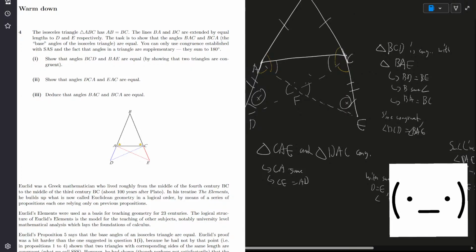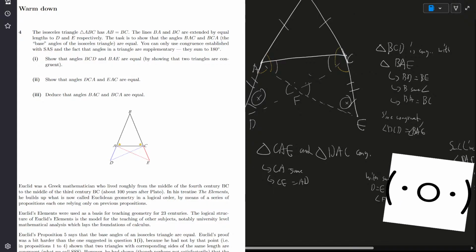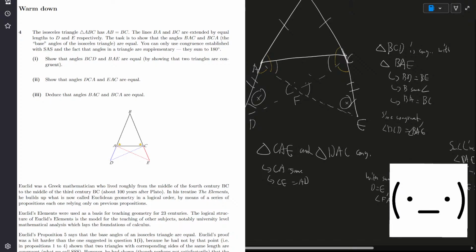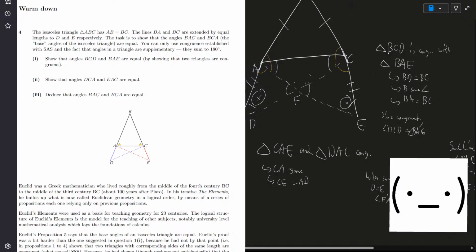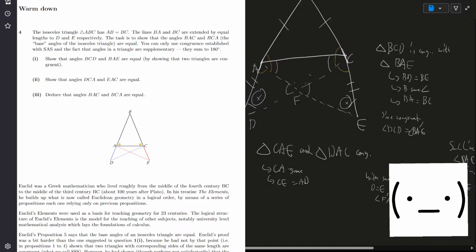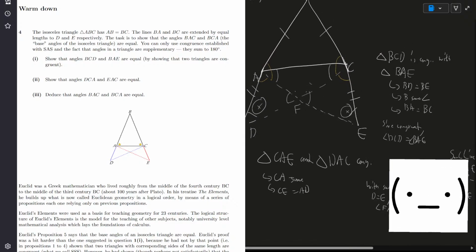So F, AD, FAD, FCE. So now the gold bits are approved. Okay, so this is progress.